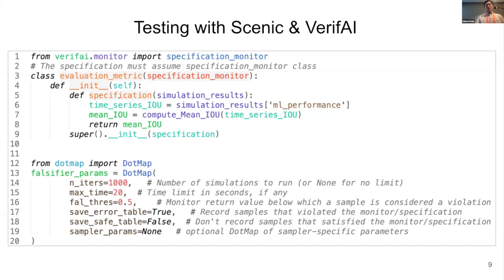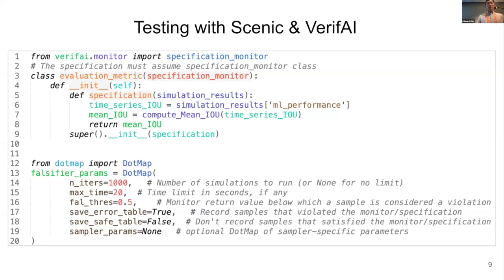And in this specification function, which you have to fill out, it already comes with an input argument called simulation results. And in that simulation results, previously we were saving the ML performance results at every 0.1 second. Now we're accessing that information, which is time series data. And then let's say you're computing your mean intersection over union.